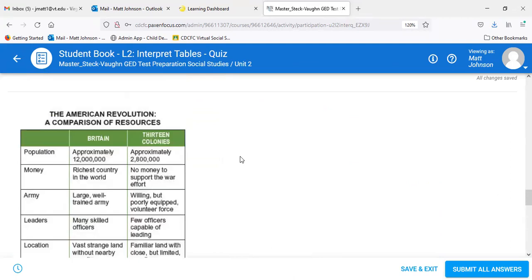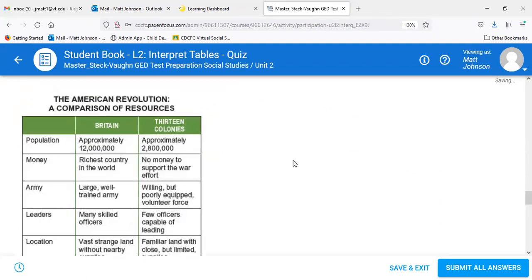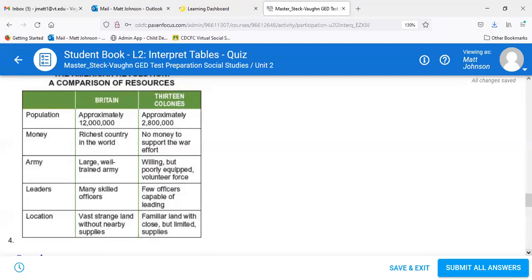And another table. So we're comparing here Britain and the 13 colonies when it came to resources for the American Revolution. So, how we fought. Some of the elements that were in play during the American Revolution for both sides. We have Britain in our left-hand column, the 13 colonies in our right-hand column.